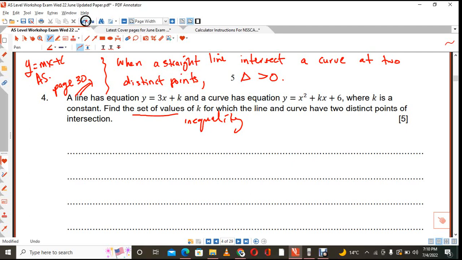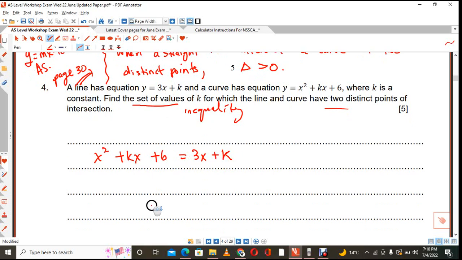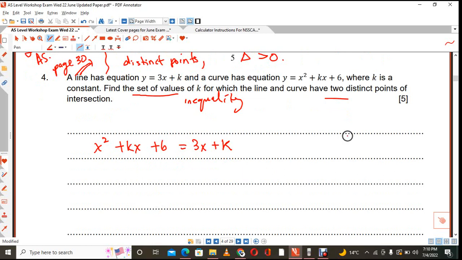You need to find the set of values for which the line and the curve have two distinct points. First things first, you equate these two. So x squared plus kx plus 6 is equal to 3x plus k, because y equals y. Then you write it in standard form, ax squared plus bx plus c equals 0, where a is not equal to 0.